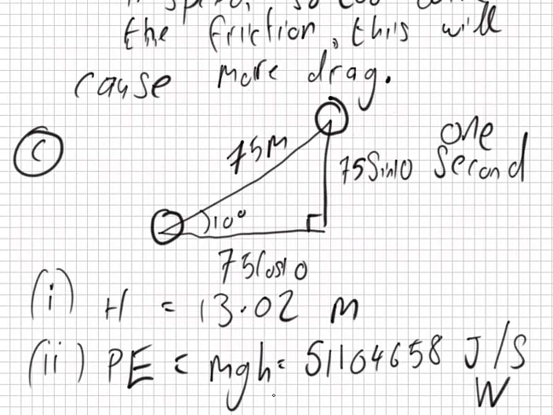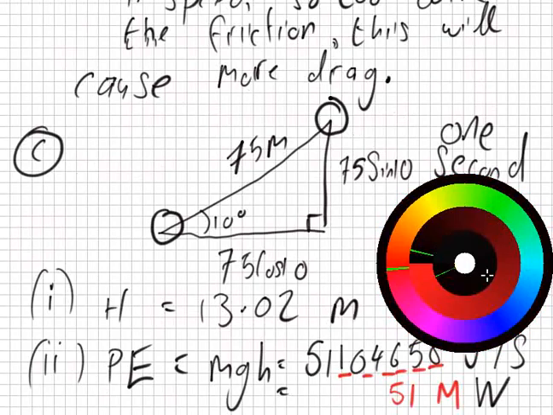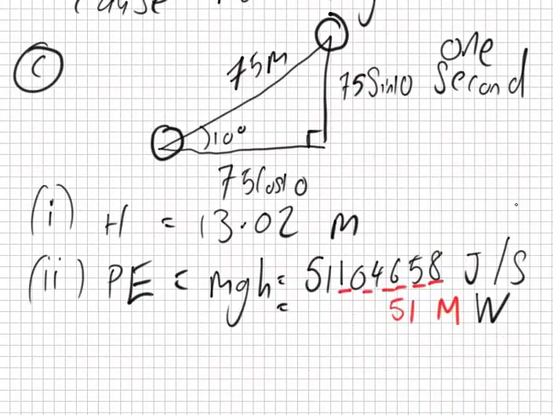Watts. And if you count off here, look, let me do it in red. There's 1, 2, 3, 4, 5, 6. So you could say it's 51 megawatts, if you like, which is actually what they ask you to do specifically in the question. See, if you look at the question.